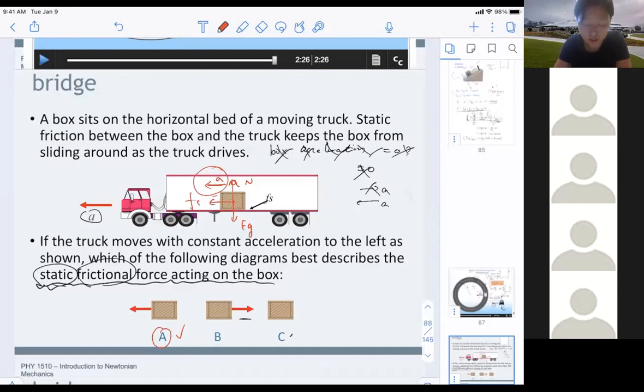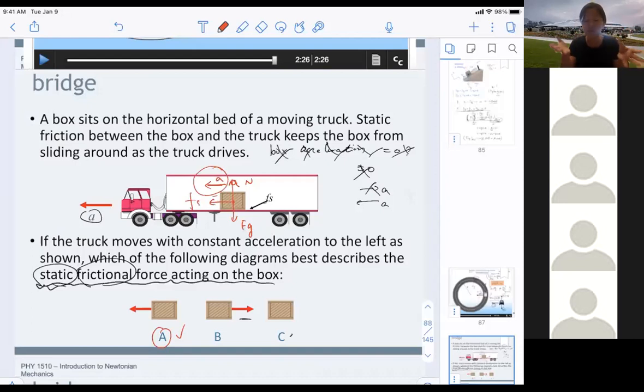This is just one example to show that, not a very familiar case where you have done static friction, right? It's a little bit different. If you were to think about how the static friction comes into effect, when your truck starts going this way, then the box has a tendency, relative to the truck, to slide backwards, okay?